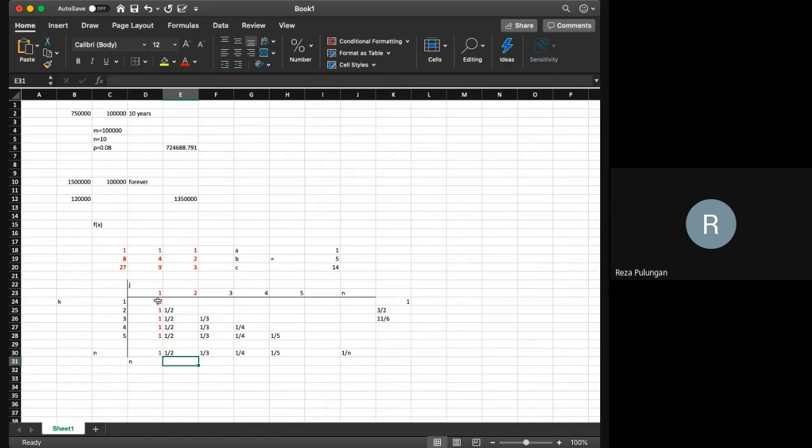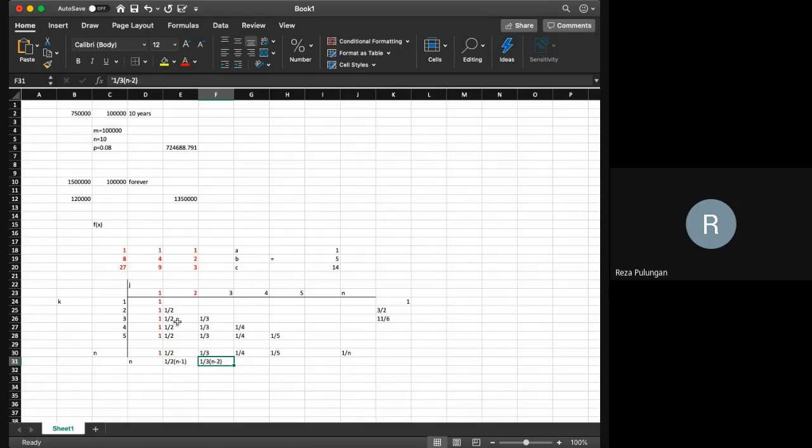What about this one? This will be 1 half multiplied by n minus 1. What about this one? Everything is 1 third. This will be 1 third multiplied by n minus 2.